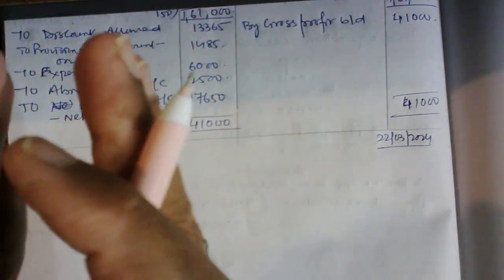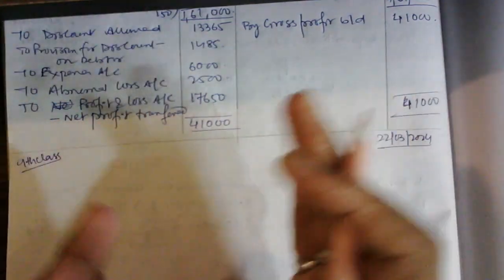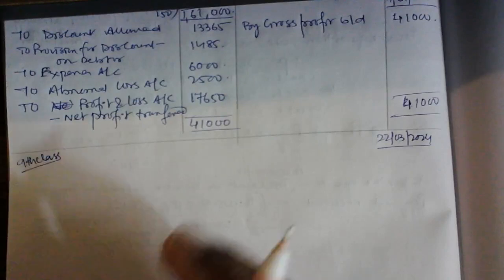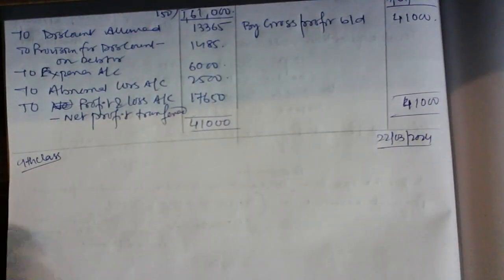So when HO sends goods to multiple outlets on a wholesale basis, it is called wholesale branches.